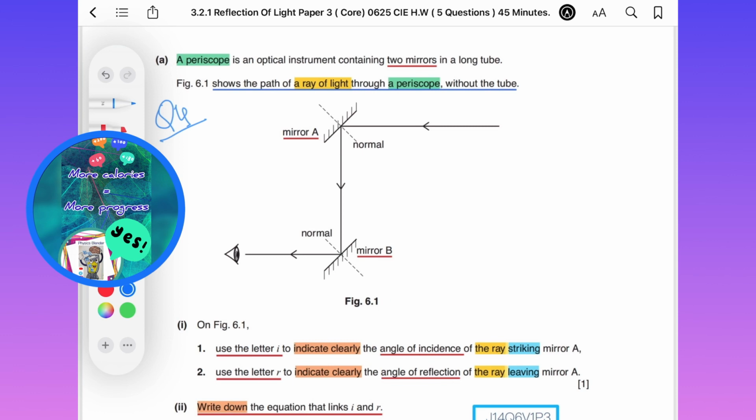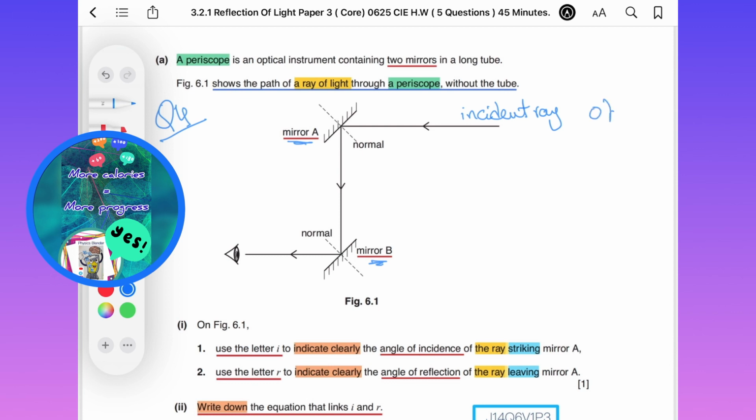Here we are discussing a periscope, which is an optical instrument containing two mirrors. They are parallel to each other. You have here the incident light ray, and this light ray is reflected twice at mirror A and at mirror B. So here the observer can see the image of the object.